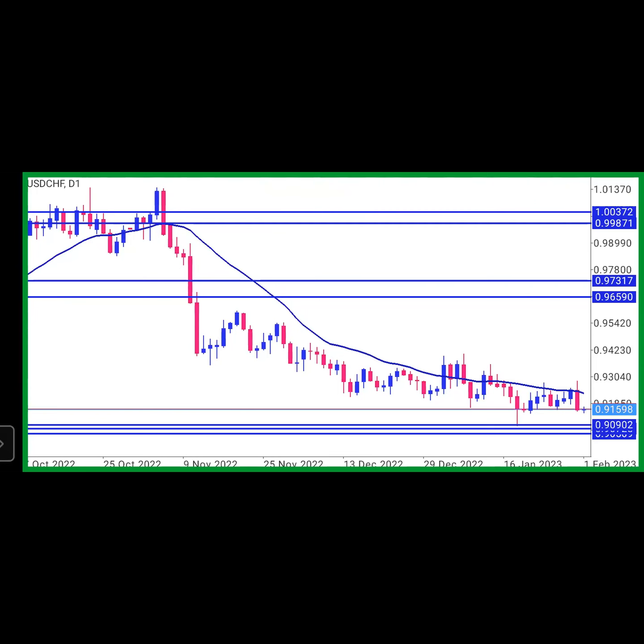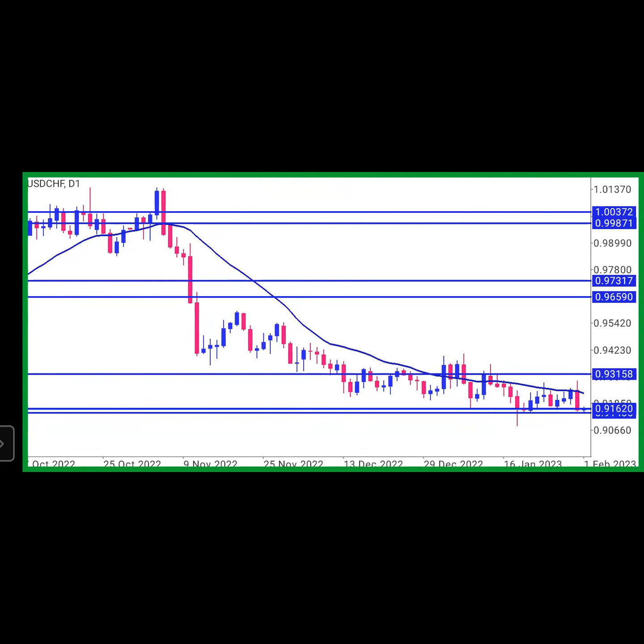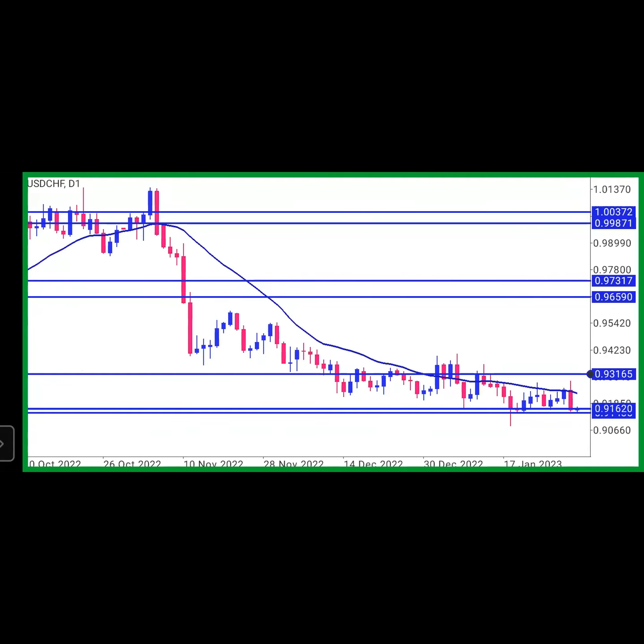Did anybody notice that it's ranging? It's moving to the side, right? That's what this market is doing right now. So anytime the market is ranging, it's always risky. Remember, I told you if it's ranging, it can break up or break down. If it breaks to the downside, this downtrend will continue. But if it suddenly breaks up, we might have a reversal, a possible reversal anytime soon.